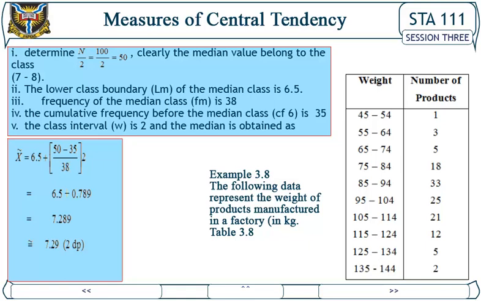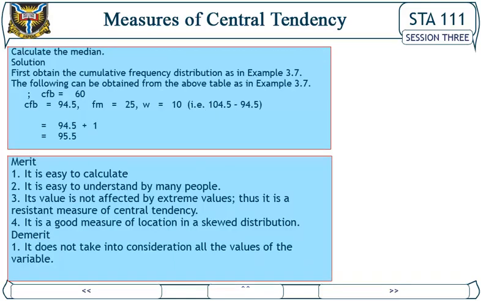Example 3.8. The following data represent the weight of products manufactured in a factory in kg. Calculate the median. Solution. First obtain the cumulative frequency distribution as in example 3.7. The following can be obtained from the above table as in example 3.7.